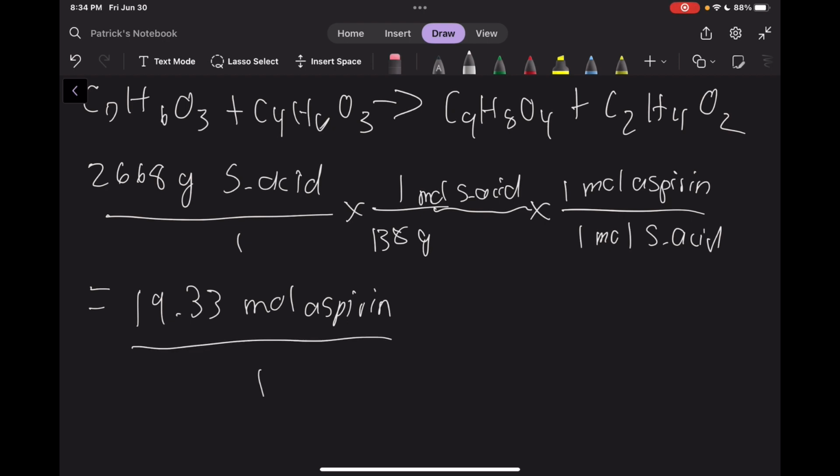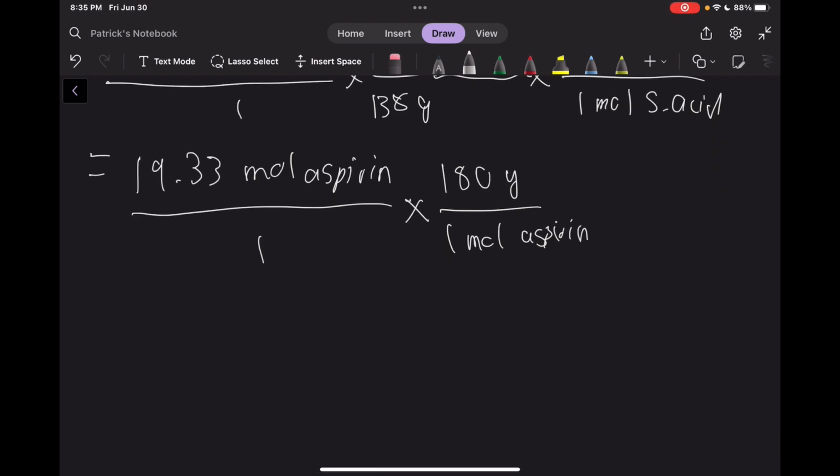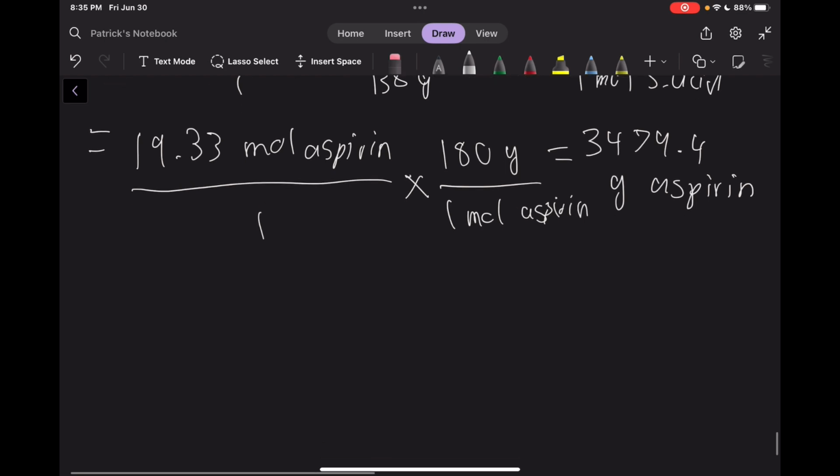The molar mass of aspirin, or acetyl salicylic acid, is about 180 grams per mole. 19.33 moles multiplied by 180 grams per mole gives us 3,479.4 grams of aspirin. This is our theoretical yield.